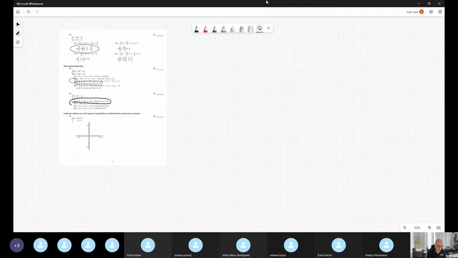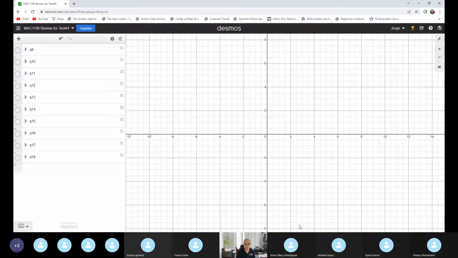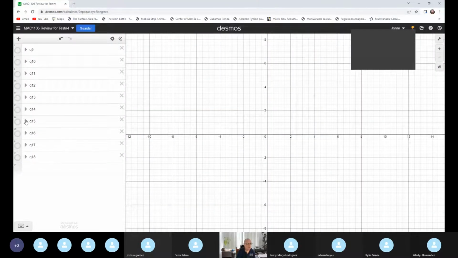So you see the line, remember the idea, and Desmos is super easy. Let me show you. Okay, it's question 15, no? 15. Look, 15 is this. Do you see Desmos?